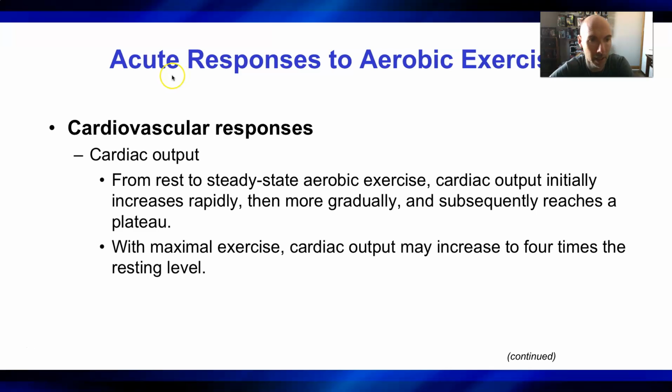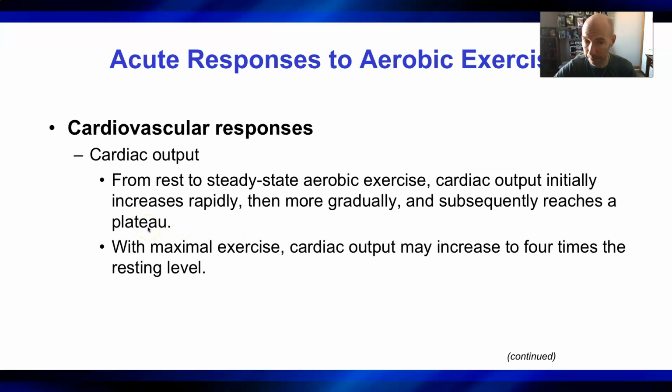So as I mentioned, when we're exercising, our cardiac output should increase, okay? There's going to be an initial rapid increase as we move from resting to steady state exercise, okay? And then the increase will be more gradual as we approach our VO2 max. And at the VO2 max, we would reach this plateau in cardiac output.